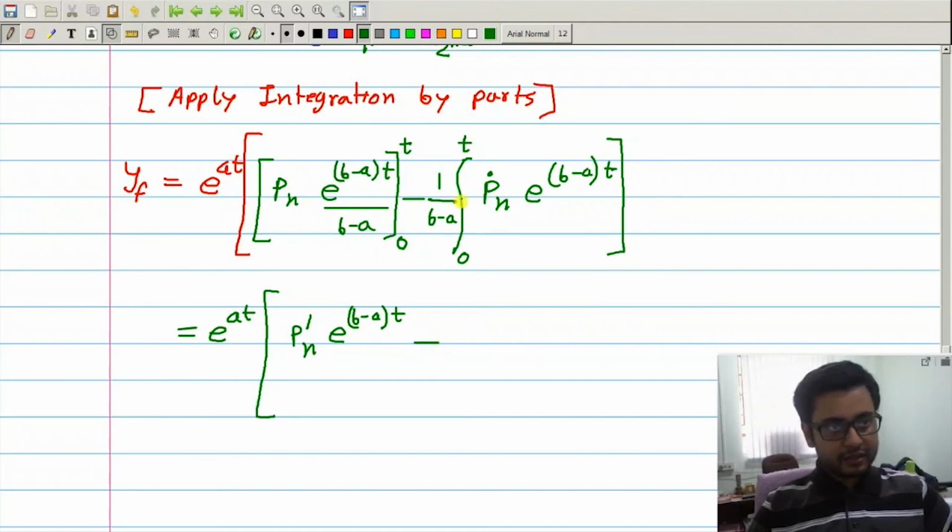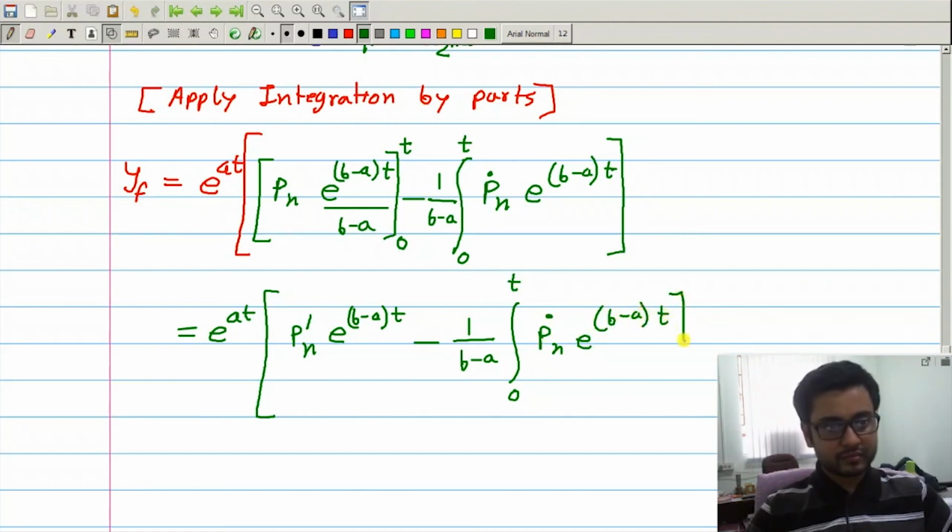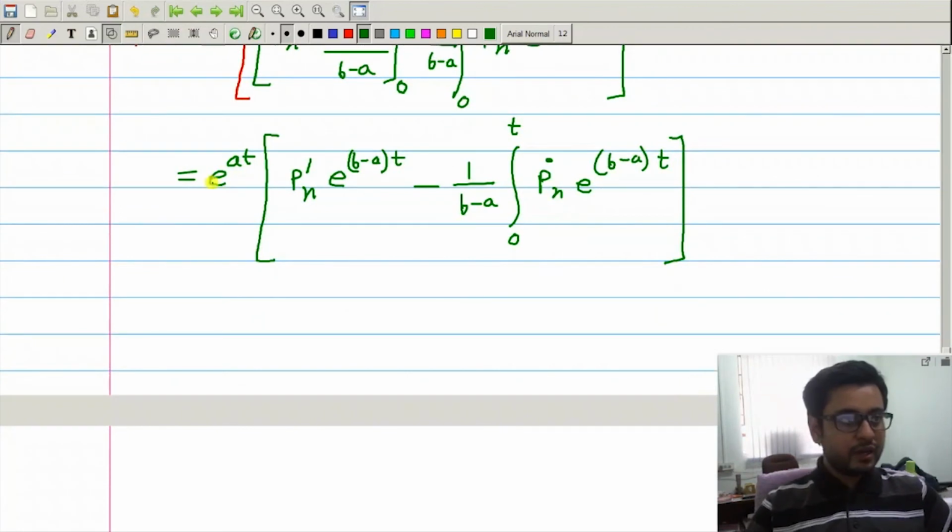Then this minus 1 by (b minus a) times the integration of this part, let me keep it as it is. Now let me multiply this e to the power at with this term.